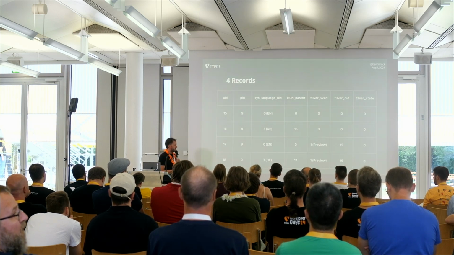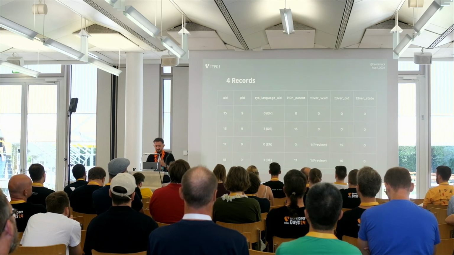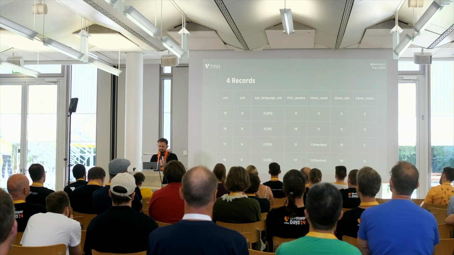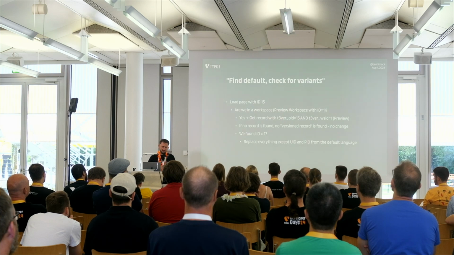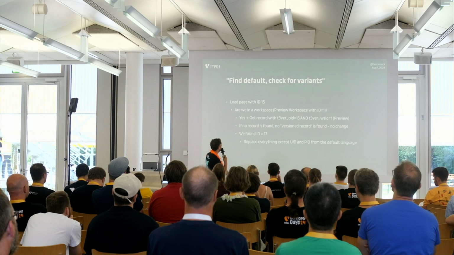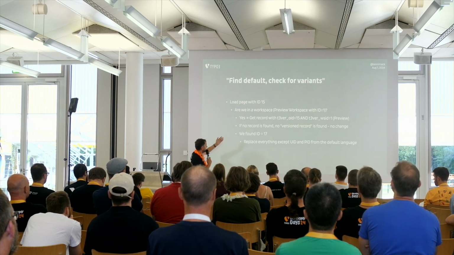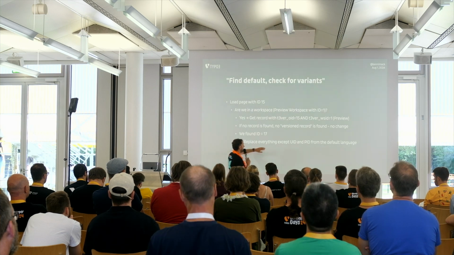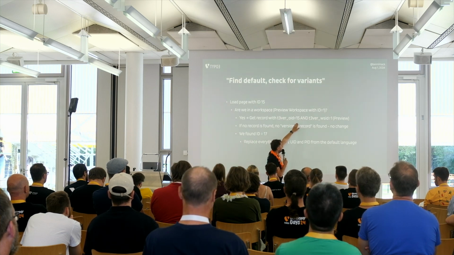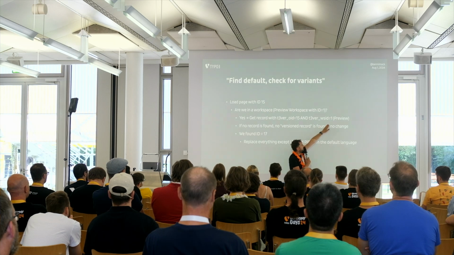So workspaces we could also describe as kind of variants. So what happens is we load the page with the ID 15 and we are in a workspace. We also always check about this: oh, we're in a workspace. So we actually check for online ID 15 and workspace ID 1.